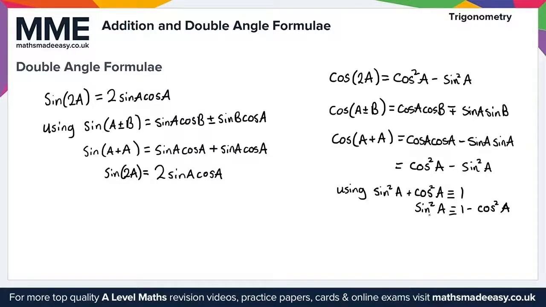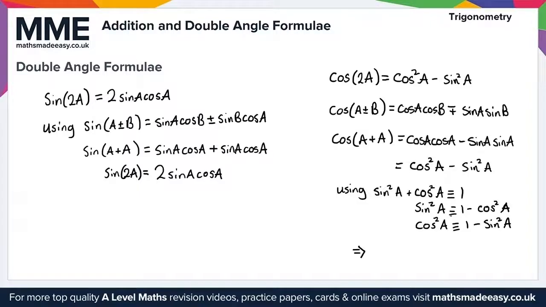And again, we can rearrange in terms of cos squared a, so cos squared a is also going to be 1 minus sine squared a. Okay, so in that case, all we need to do is replace cos squared a with this expression and sine squared a with this expression, and doing so we obtain these variations.